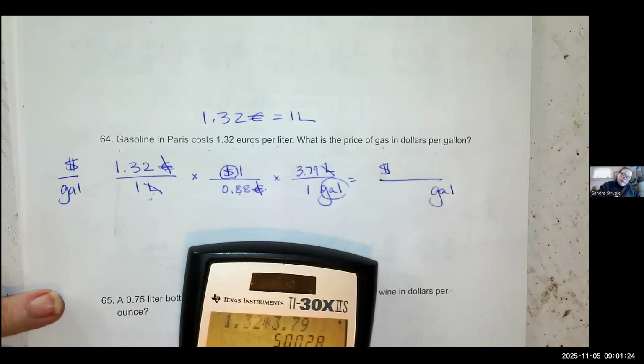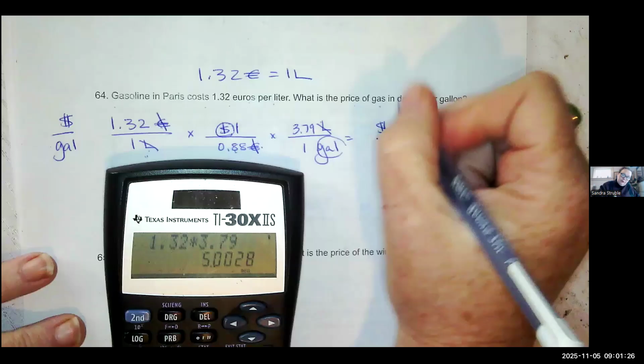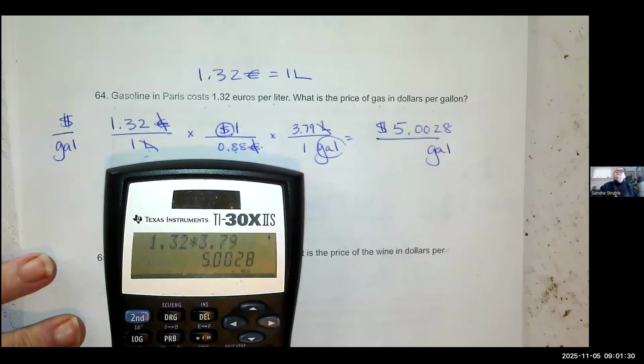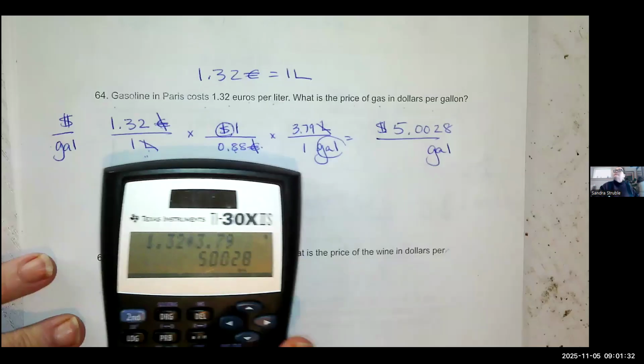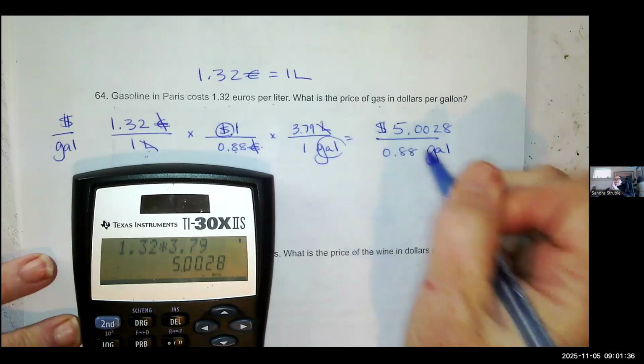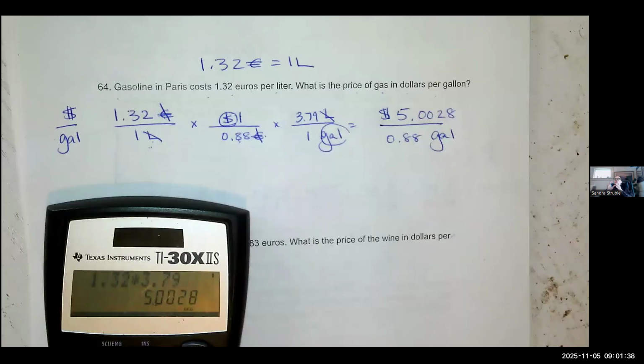Do not round this. You don't ever round anything until you get the final answer anyways. And then divide this by 0.88. Now, I do have a quick question. With what we're looking at here, the 5.0028 in dollars divided by 0.88 gallons, would this be considered a rate or a unit rate?